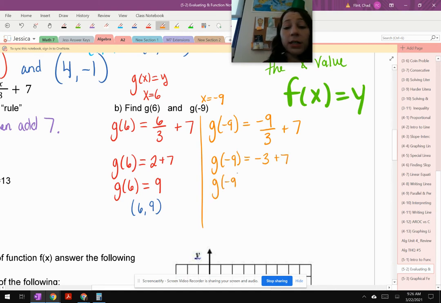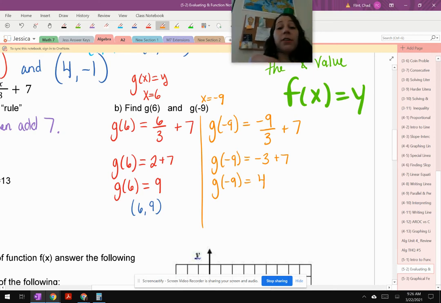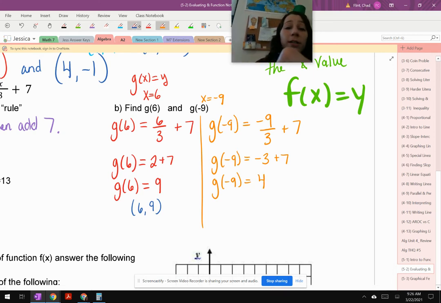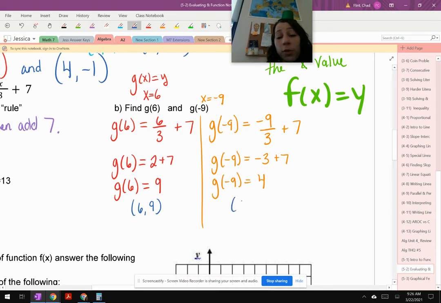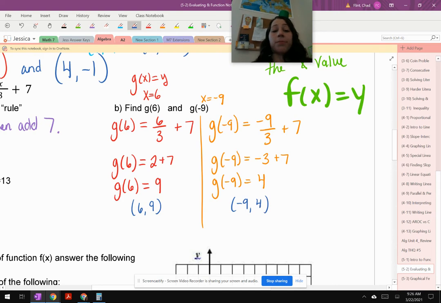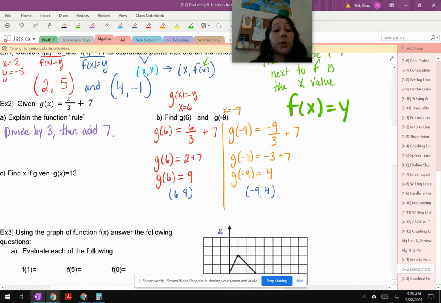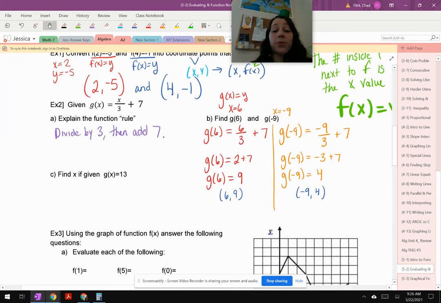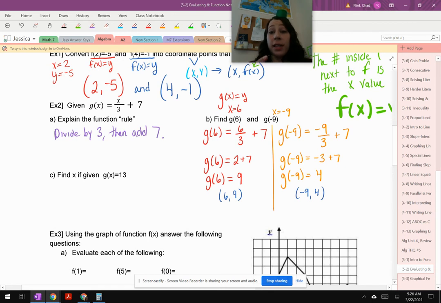Negative 3 plus 7 is positive 4. So g of negative 9 is equal to positive 4, leaving us with the coordinate point negative 9, comma 4. So that's evaluating. All you have to realize is that you're taking the number inside that parenthesis, that x value, and plugging it in.